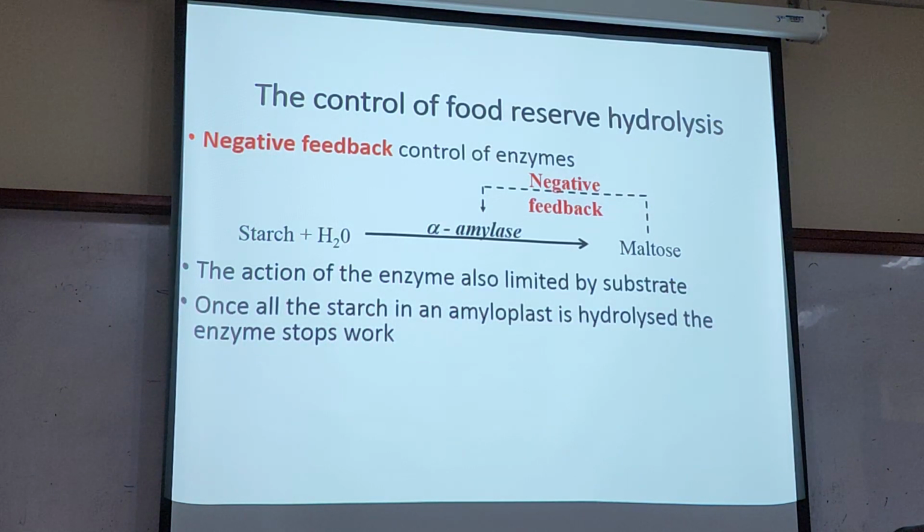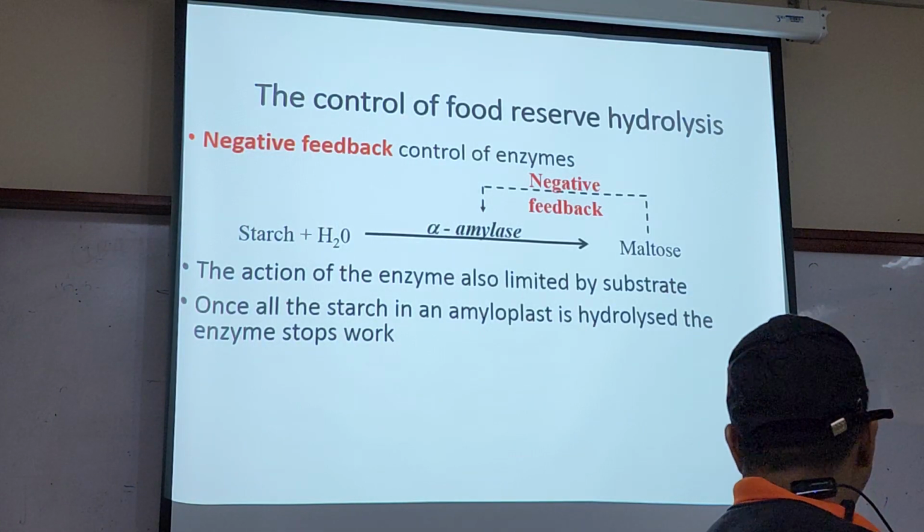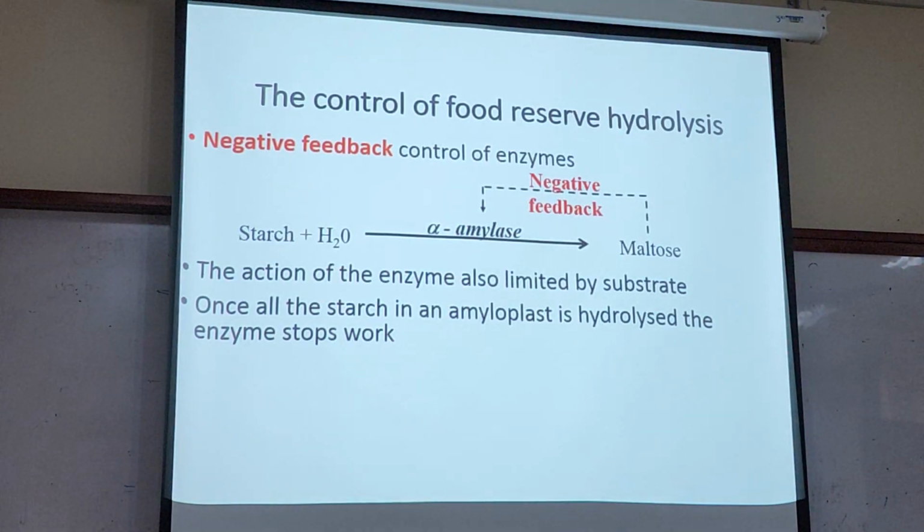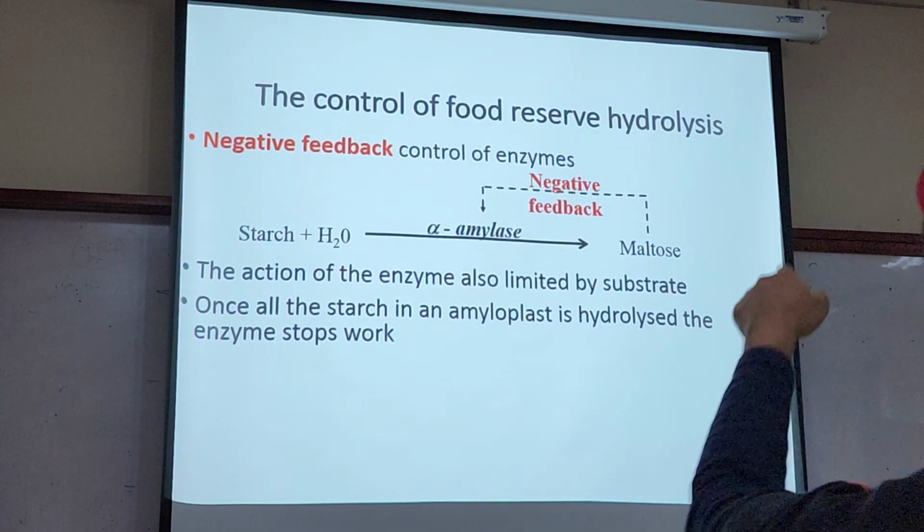So once all the starch in the amyloplast is hydrolyzed, the enzymes will stop working, meaning that this alpha amylase is not going to do the job forever. Eventually it's going to stop because, number one, there is no more starch to be digested or hydrolyzed, and then the maltose has dominated the scene. Very strong signal for the negative feedback.